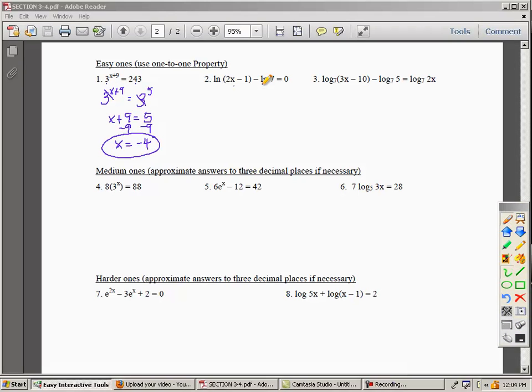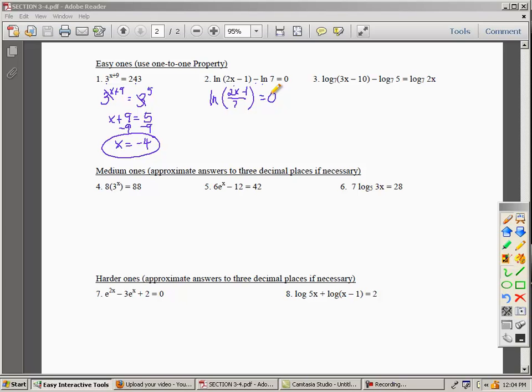We need to use our properties, and according to our properties, subtraction means divide. So I'm going to take this as the natural log of (2x minus 1) all over 7 equals 0. Now you have a couple of options. You're here with a log, and so you can rewrite this into exponential form, or you can exponentiate.